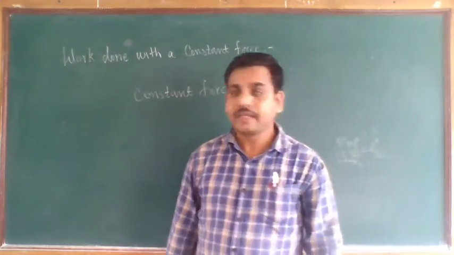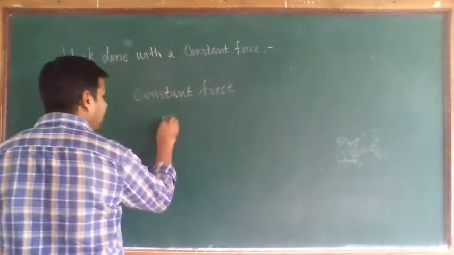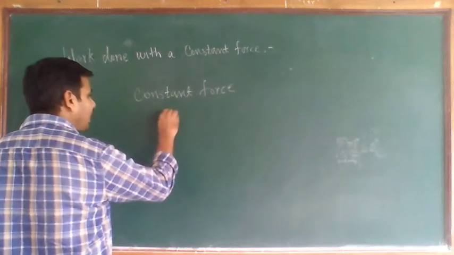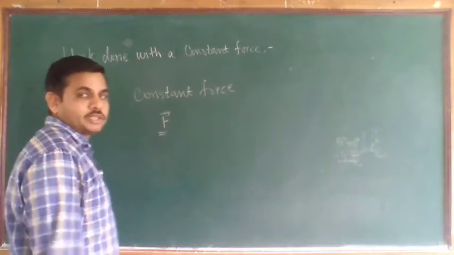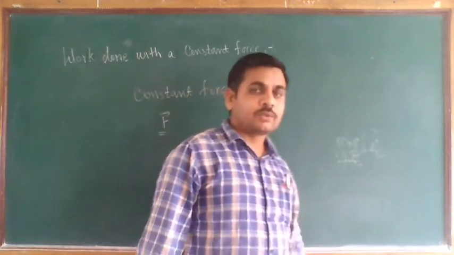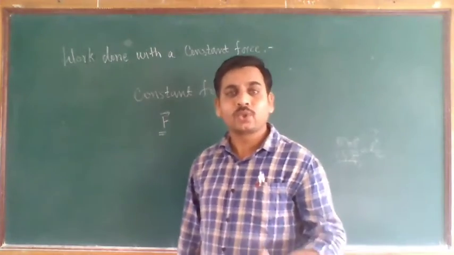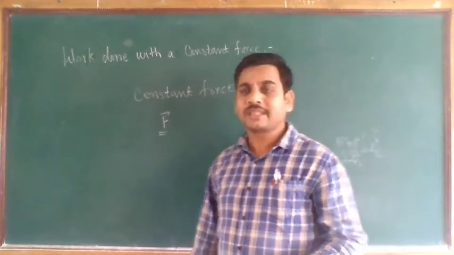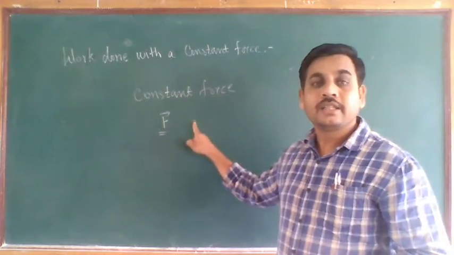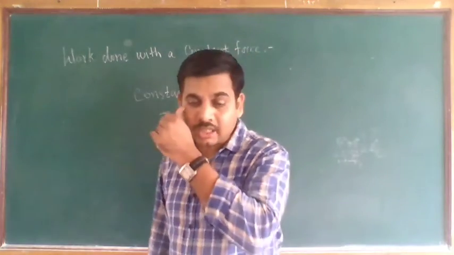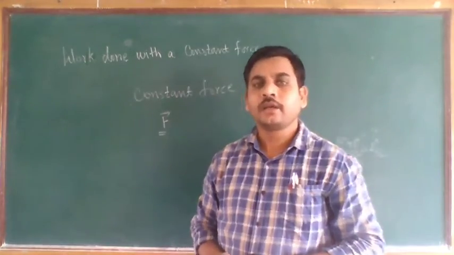So here we denote this force as F, and in that condition your applied force is constant. The work done is simply the product of the magnitude of the applied force and the distance covered by the body.